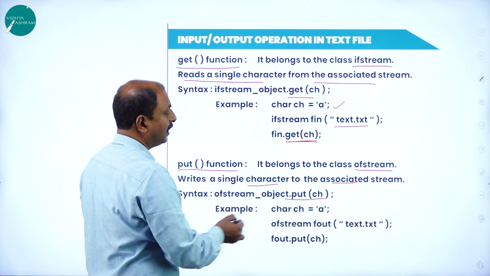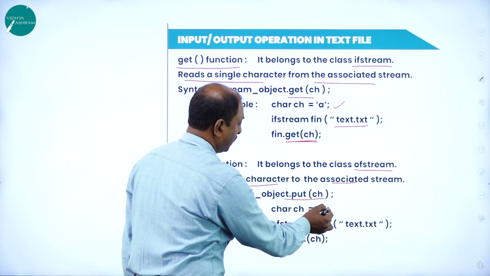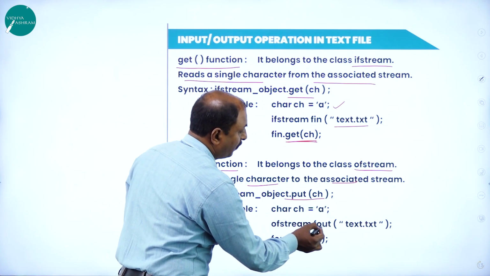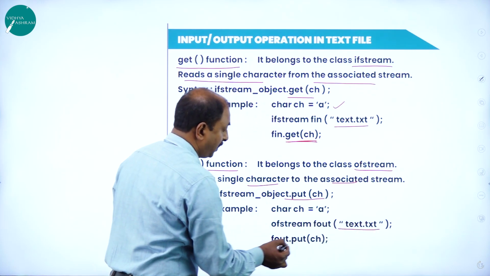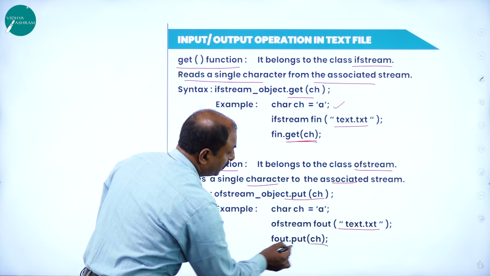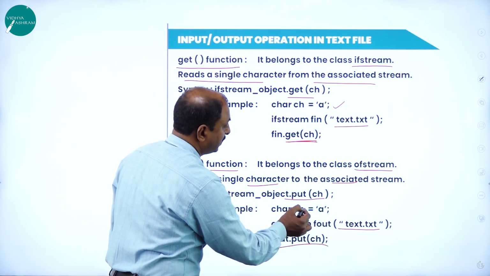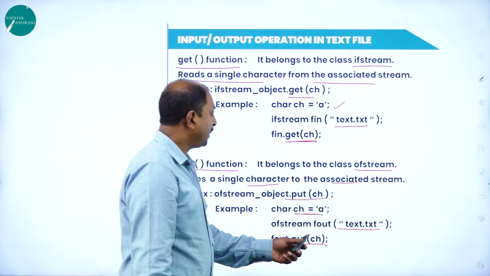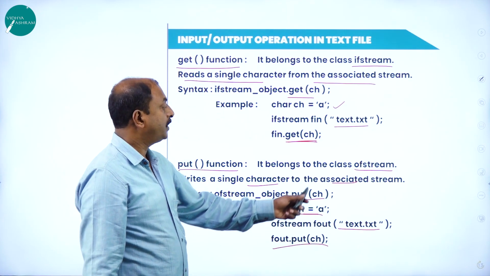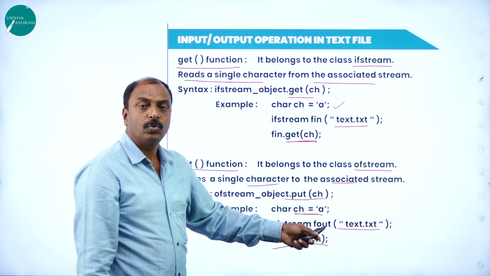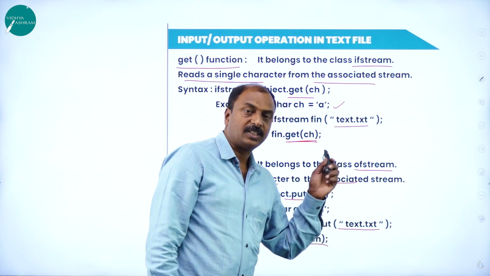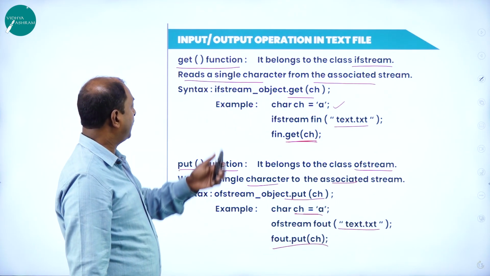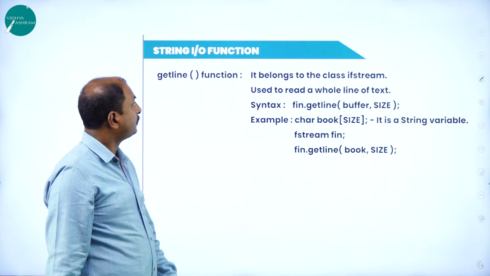Accordingly, char ch = 'a', ofstream fout("text.txt"), fout.put(ch). Here ch is a variable holding one character. So we are going to write one character to an associated stream, or indirectly to the file text.txt. So this is the get and put function.